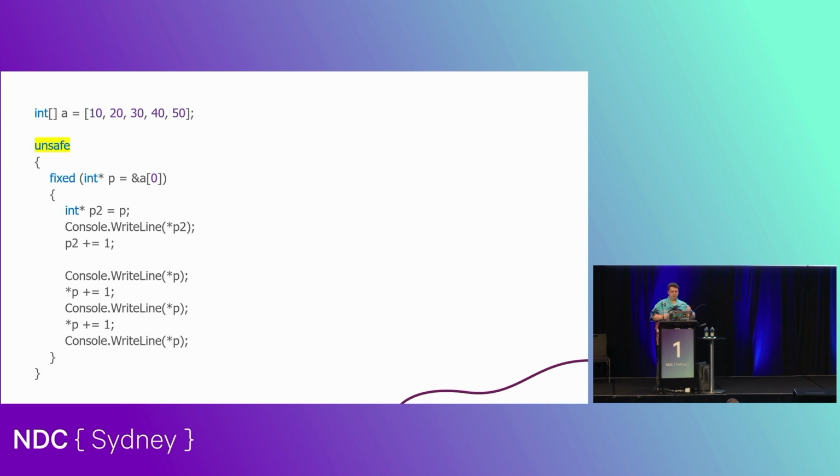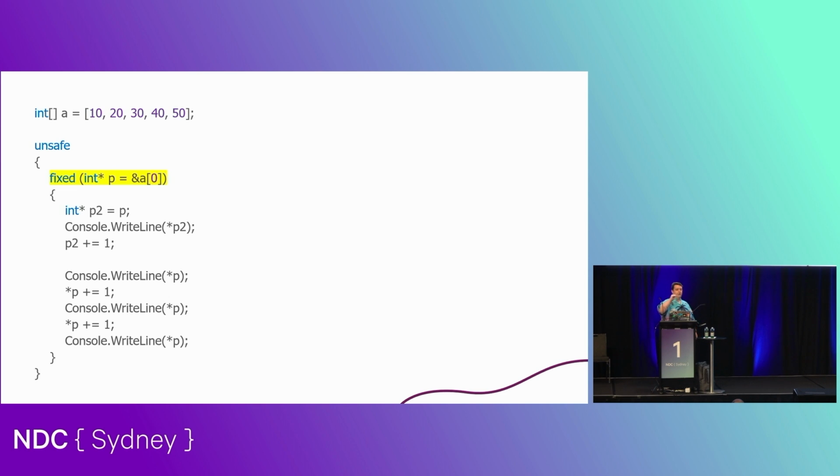So first of all, we have to mark the part where we're going to introduce pointers as being unsafe, because we're using pointers. And then we're going to create a pointer called P, which references the first element in the array A. So it's pointing to 10. That's all it's doing.